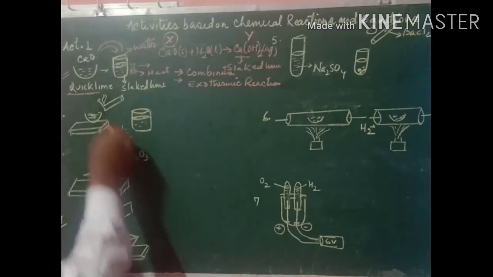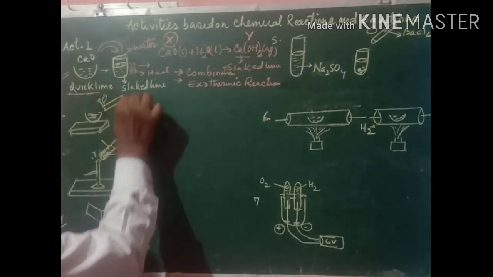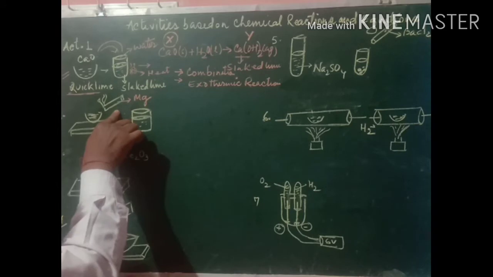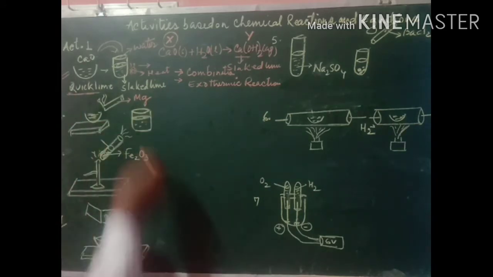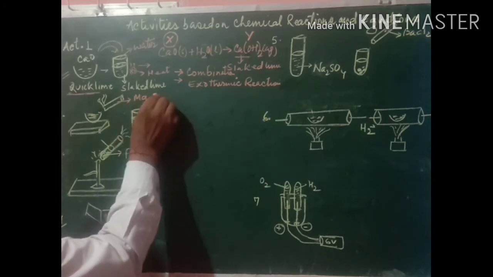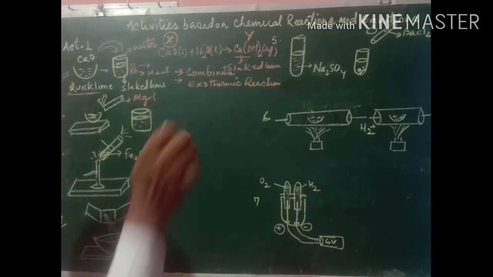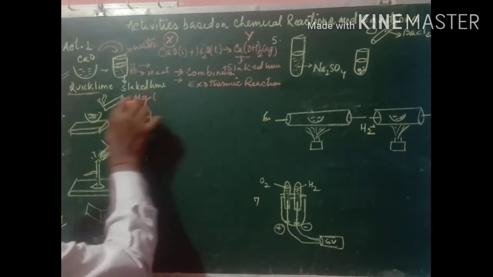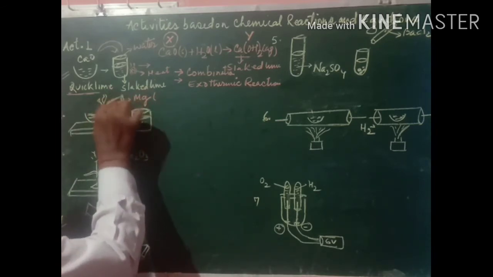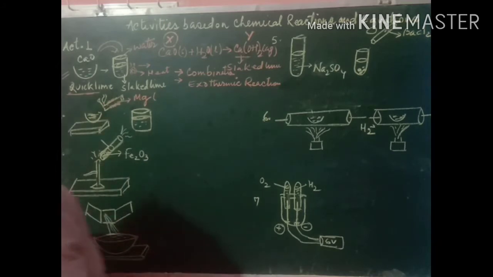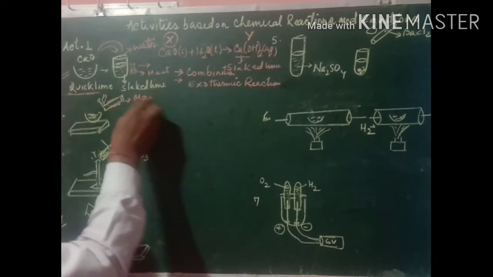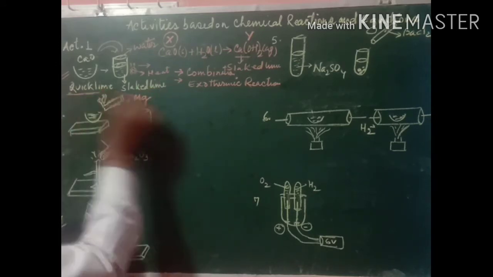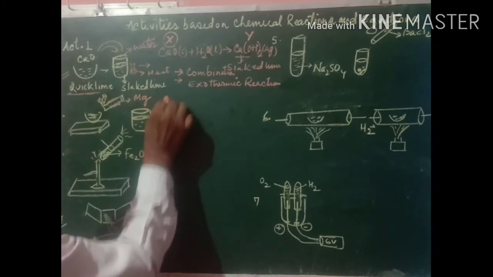So next experiment. See, this is the magnesium ribbon. You have read in your chapter that before burning magnesium ribbon, you have to clean it with sandpaper, because a magnesium oxide layer is there that resists it from burning. So when magnesium is burned, this reaction will take place.